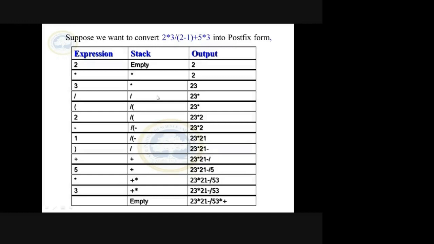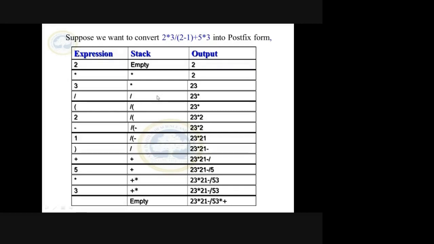Here, plus and minus have equal priority, and star and slash have equal priority. Star and slash have a higher priority than plus and minus. Another point: if a plus is already inside the stack and another plus is encountered, since it has equal priority, one has to be taken out. You cannot place both equal priorities inside the stack, plus and plus, or minus and minus, or star and star, or slash and slash.